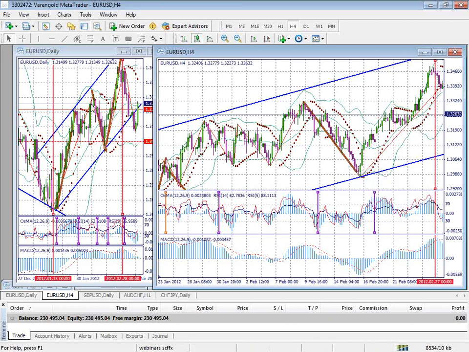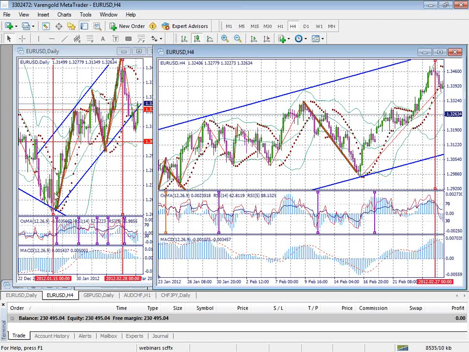So we can consider that when we arrive at this level, when the MACD is crossing under the zero, the currency will touch the inferior line of the channel, or will go further, because we don't have the channel yet.